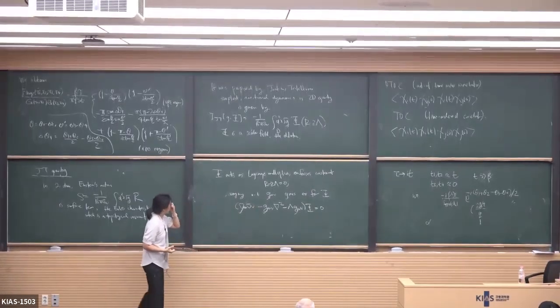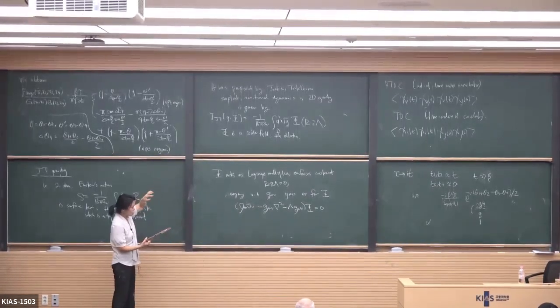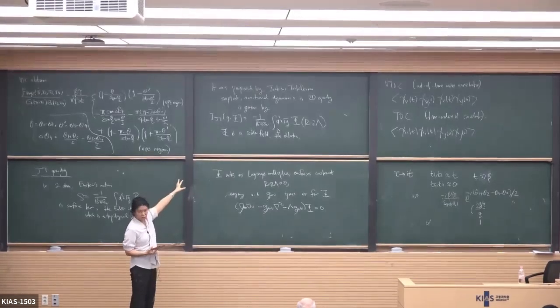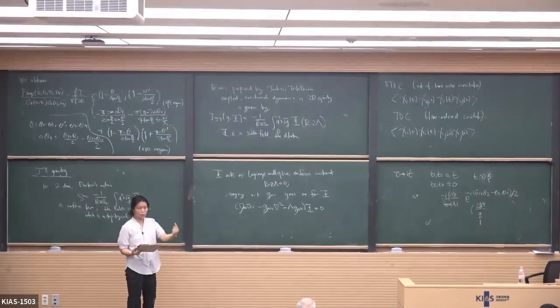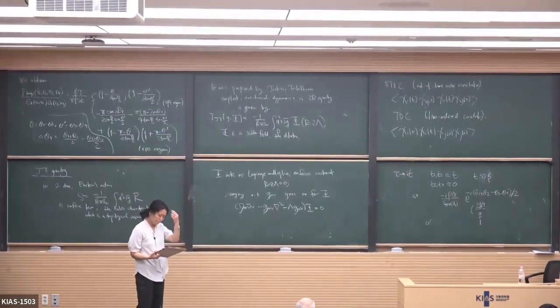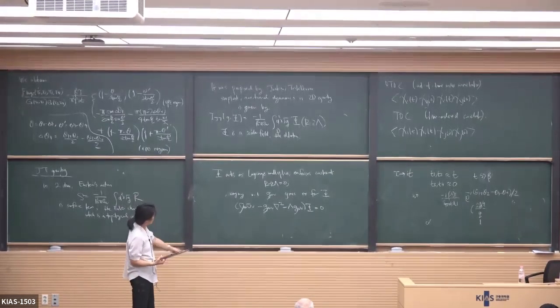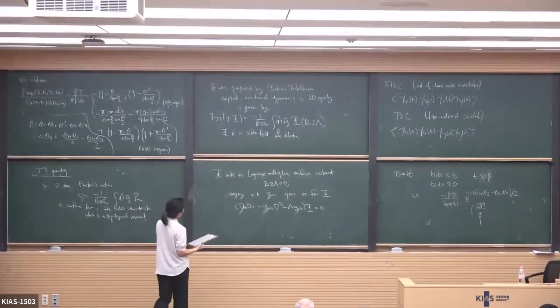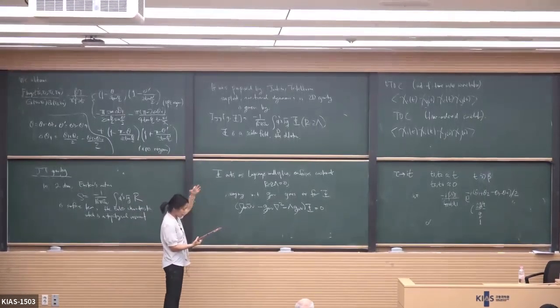I won't go into detail, but the action of JT gravity is also natural from the point of view of dimensional reduction. You can start out with Einstein gravity in 3 dimensions, and dimensionally reduce to 1 dimension, and you'll arrive at the JT action.